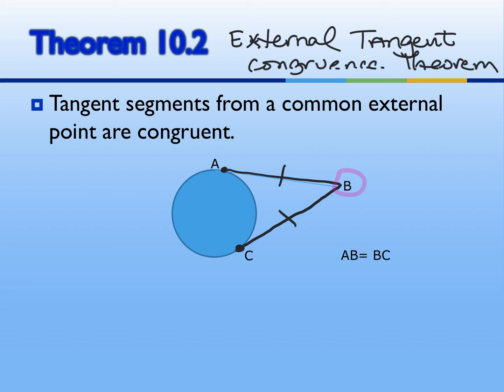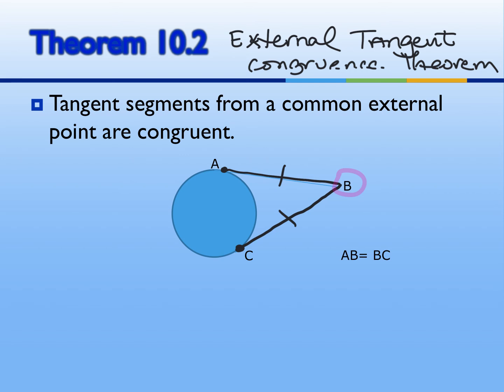AB would be congruent to BC. Sort of looks like an ice cream cone or a snow cone if you turn it. So as soon as you see that you have two tangent segments that meet at the same common external point, then those two tangent segments are congruent.